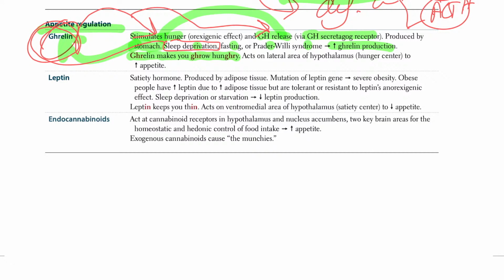Important. Ghrelin makes you grow hungry. It acts on the lateral area of the hypothalamus, which is the hunger center, to increase appetite. Lateral area of the hypothalamus. Important.